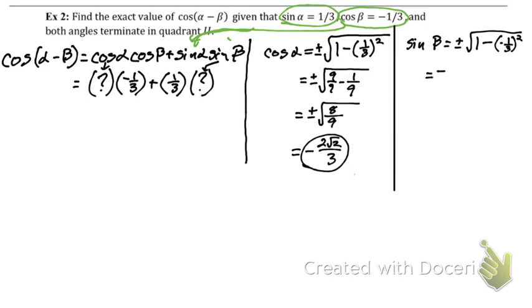All right, well, that's just going to equal plus or minus the square root of 9/9 minus, now remember, do your square first before you deal with your negatives. This is negative 1/3 squared, so it's going to be a positive 1/9. Just like the other one, it's either going to be positive or negative, and it's going to be 2 square root of 2/3. Since we're in quadrant 2, it's going to be positive. Remember, positives and negatives deal with what quadrant you're in.